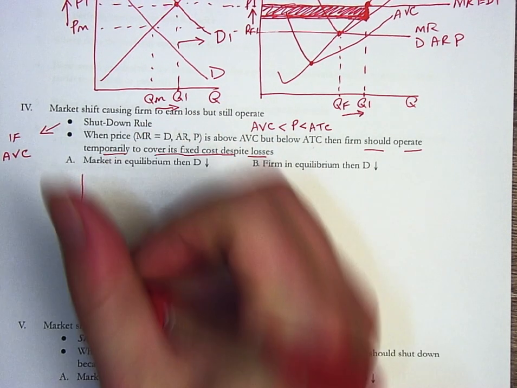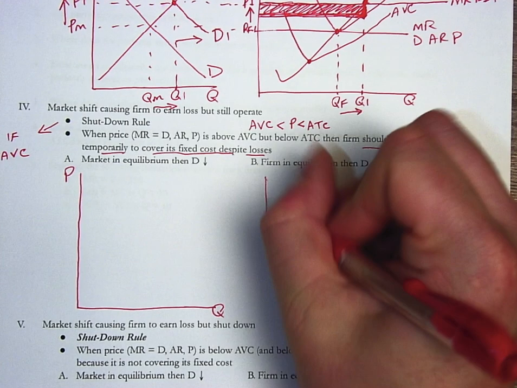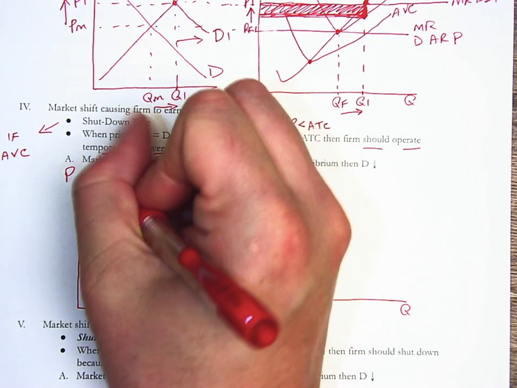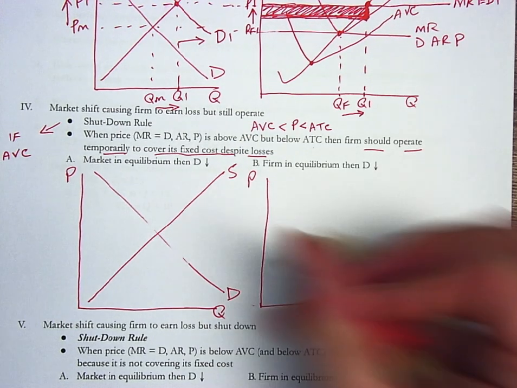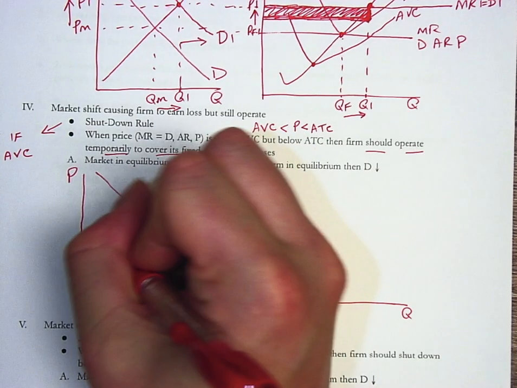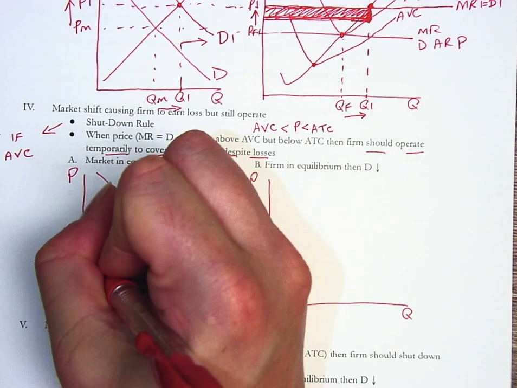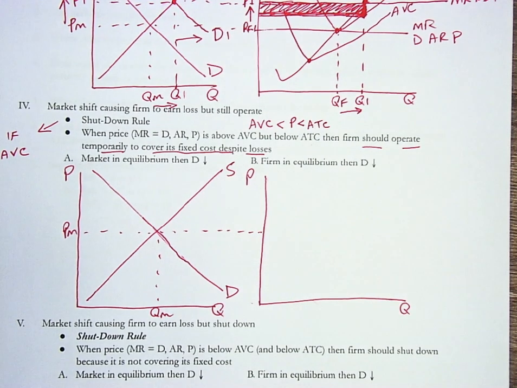So first, we're going to start with price and quantity in the market, and then we're going to do over here price and quantity in the firm, and try to connect that. And we know that that's the market price and market quantity.